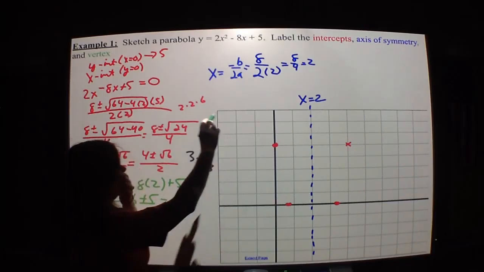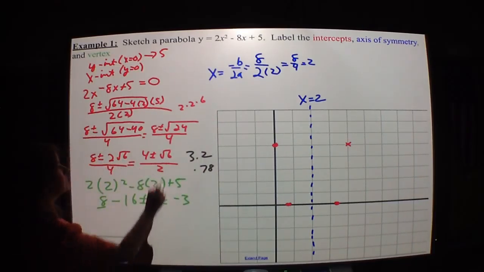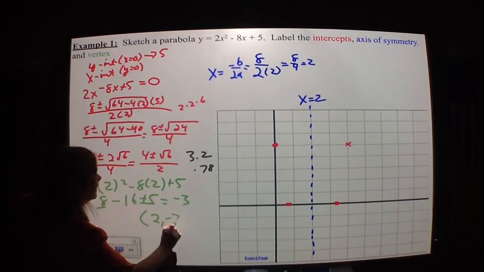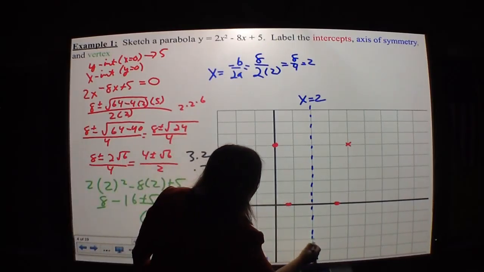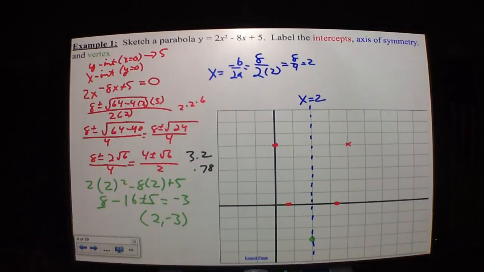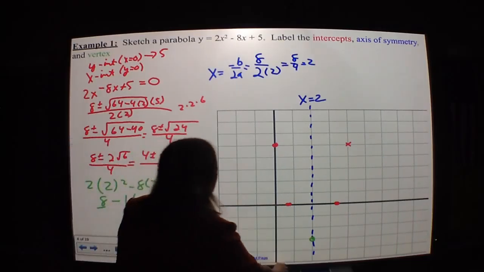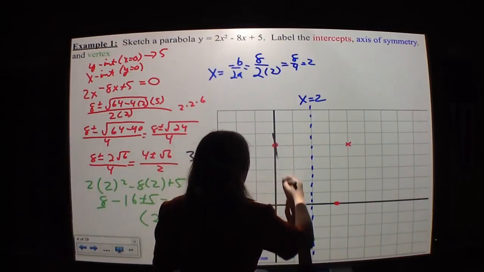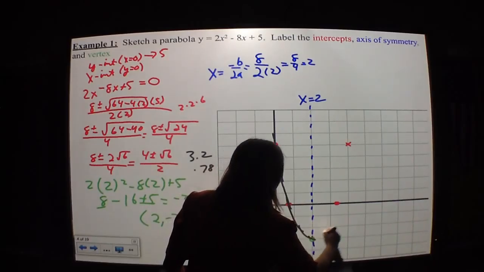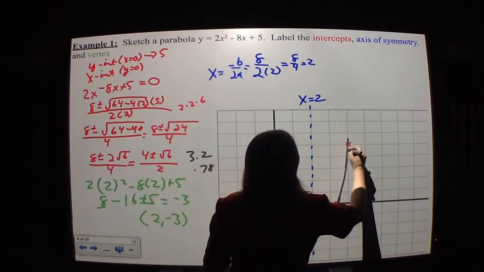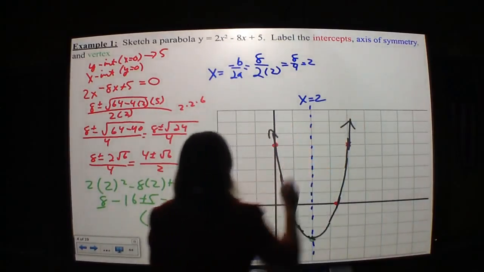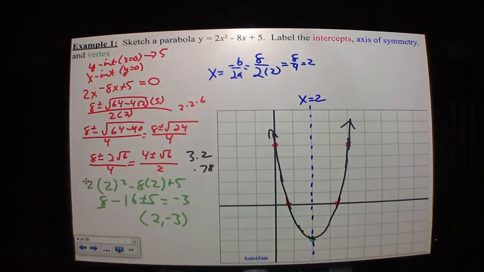So my vertex then is (2, -3). So now I have some points, graph it. So now it looks something like this. There's my parabola.